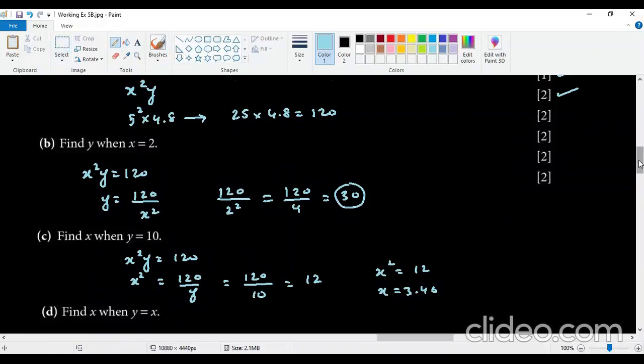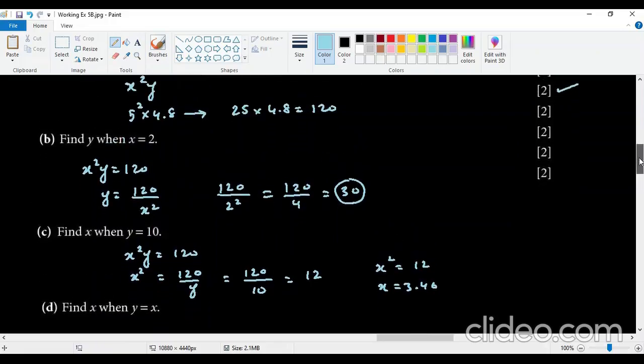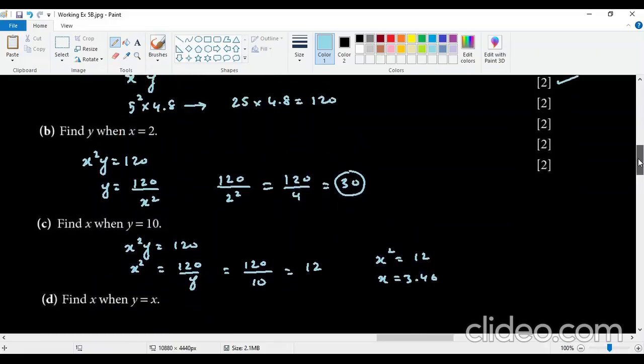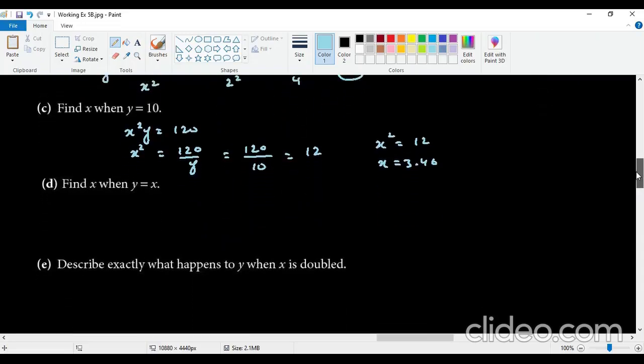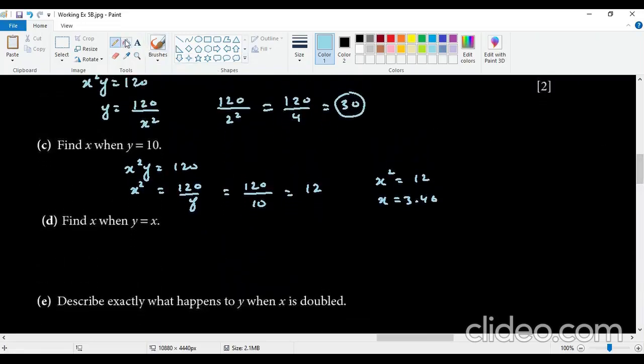Now when y is also x, we know very well that x square y square equals 120. When both of them are equal, I can write y square, y equals 120.